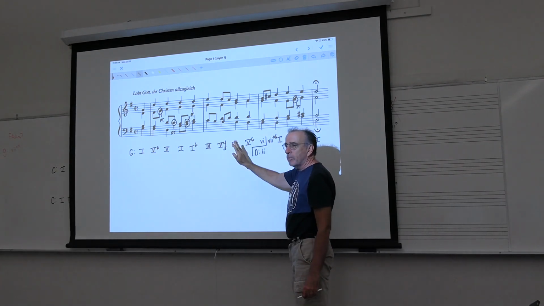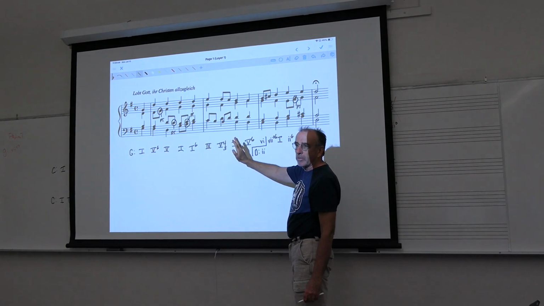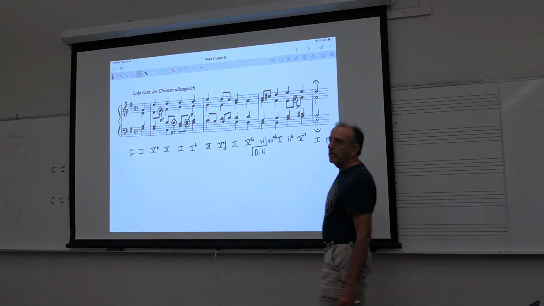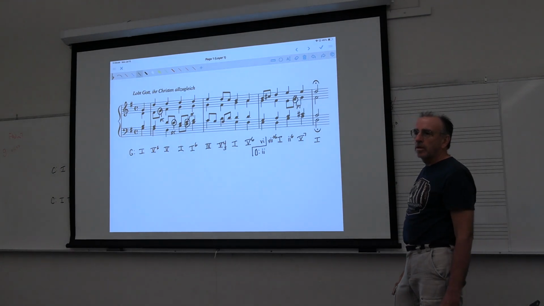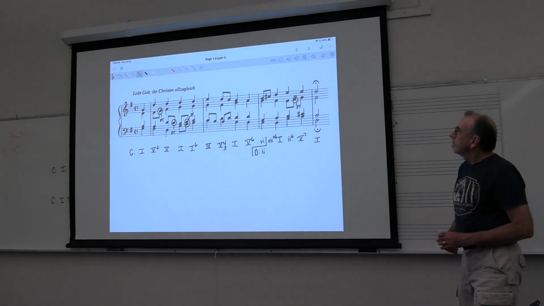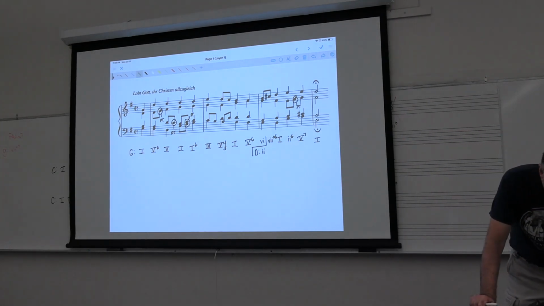And then move back one, and that should be where you find your common chord. Okay, that's the technique. Doesn't always work, but most of the time that will work in a common chord modulation. Okay, let's look at the next one.